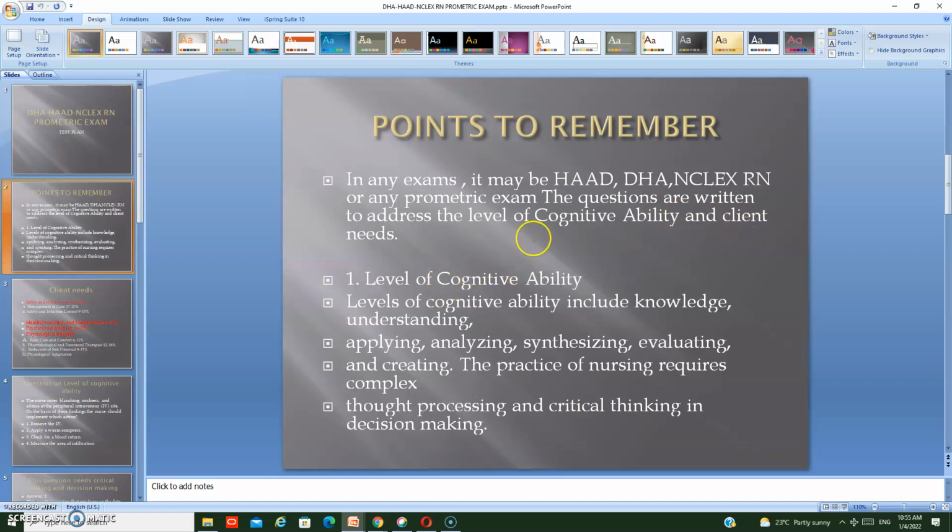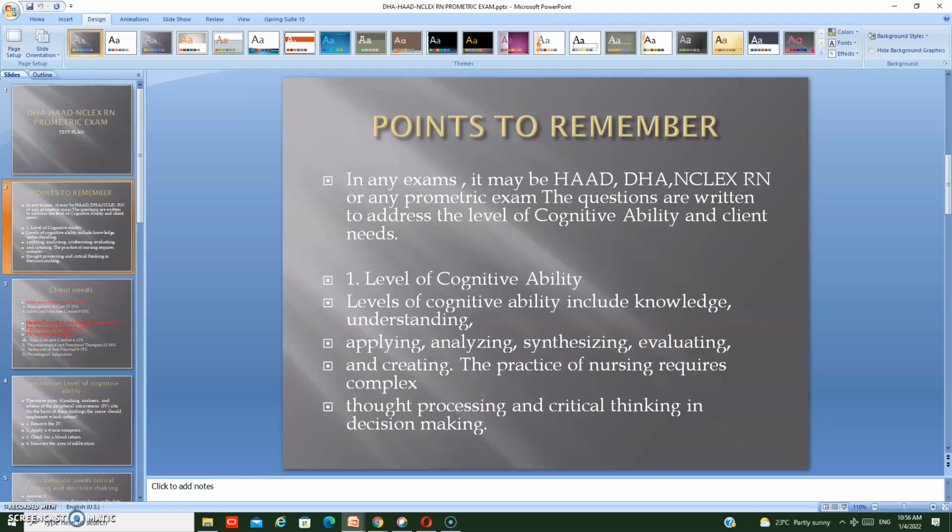These two points you have to remember: level of cognitive ability and client needs. The level of cognitive ability includes knowledge, understanding, applying, analyzing, synthesizing, evaluating, and creating.